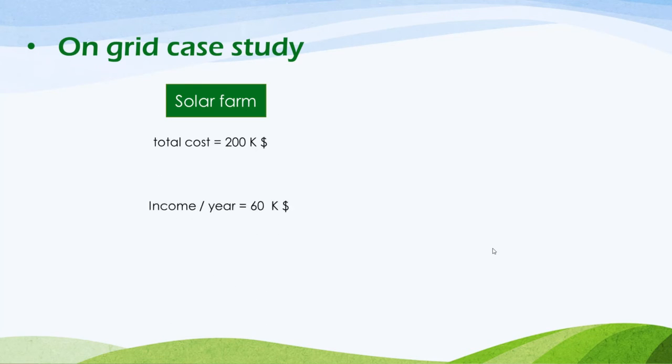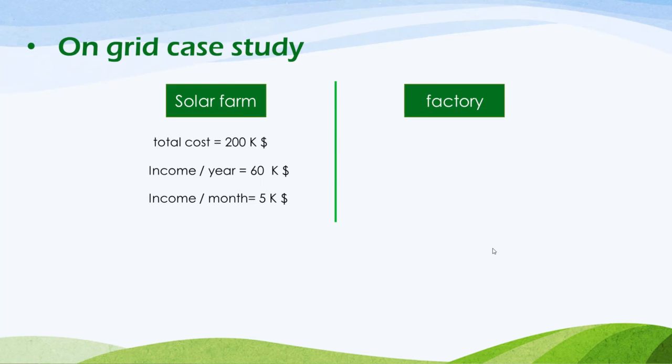Now the yearly income that this solar farm produces is $60K, which means that the income per month will be 60 over 12, which is $5K per month. Now let's return to the factory to know what are the charges required. Here suppose that the factory bill per year equals $48K, which means that the monthly bill is equal to $4K.